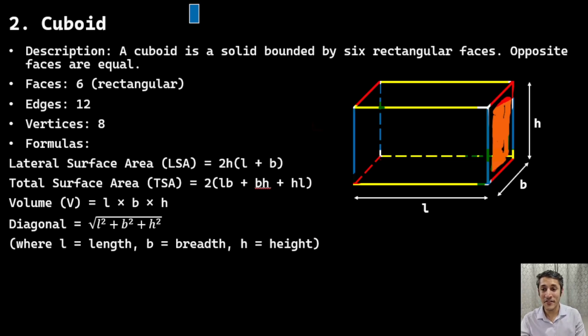So with this, we have the first formula, that is the lateral surface area of a cuboid. The formula is 2 times h bracket L plus B, that is 2 times the height into length plus breadth. Now, as we have studied, lateral surface area is the area which excludes the top and the bottom.